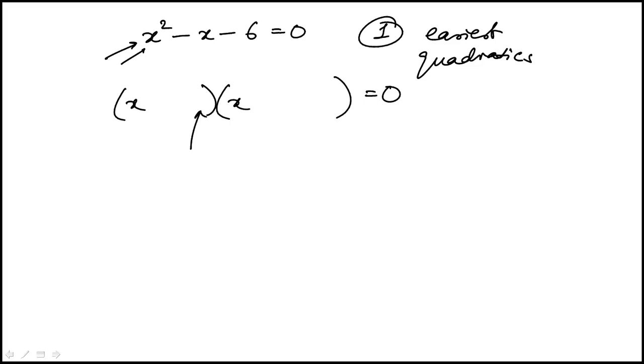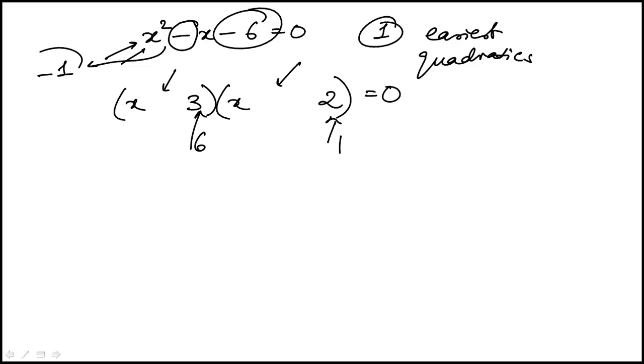Then you put numbers here that would give you 6 with the sign. So we need a negative 6. So either we could have 3 and 2 or 6 and 1. So you look at all the factors of 6. And then you have to put a sign here. The way you decide the sign is that whatever sign you put on these places, when you add them, it becomes the coefficient of x. So here it's minus 1. No number means it's minus 1.